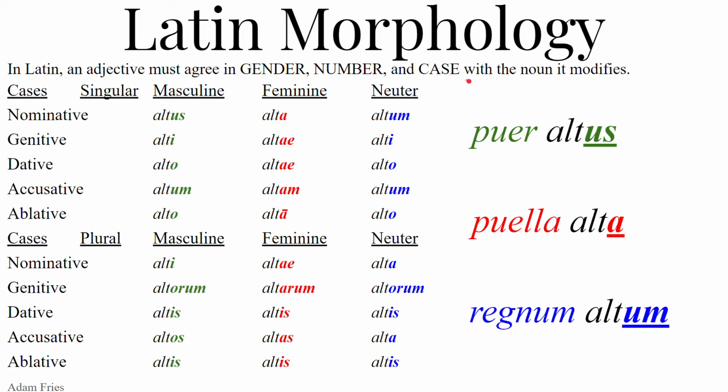They must. So we have a puella alta, a tall girl. And then for a neuter noun like regnum, we're not going to use the masculine altus or the feminine alta, but it will get the neuter altum. So altum: i, o, orum, is, a, is.